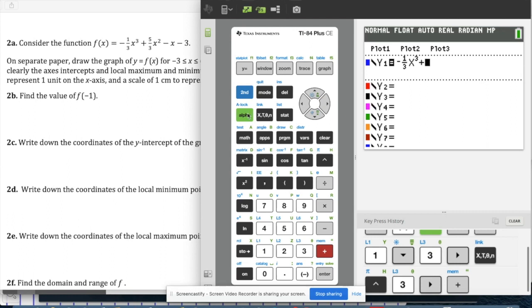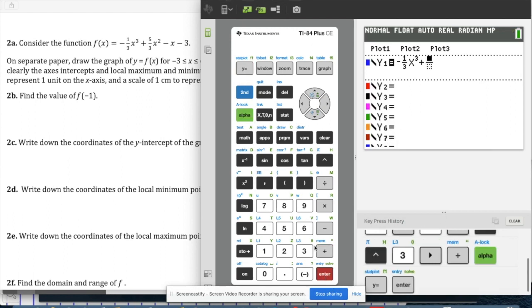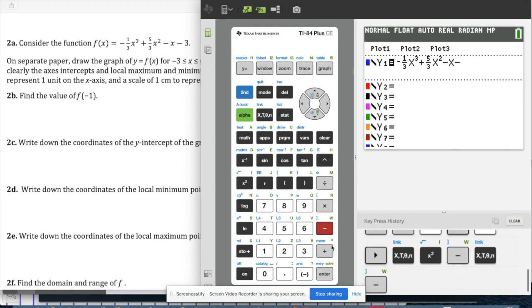Plus fraction trick, 5 over 3, x squared, minus x, minus 3.